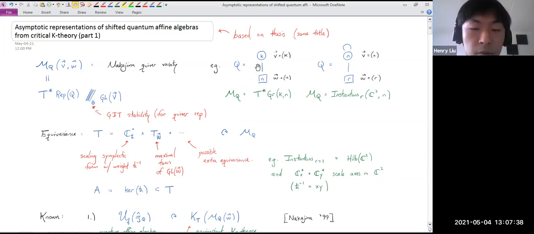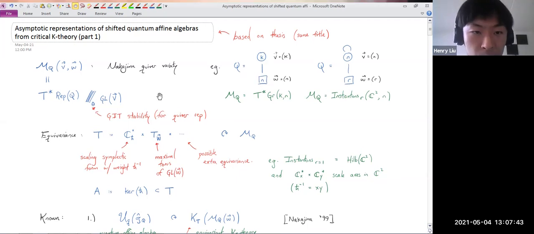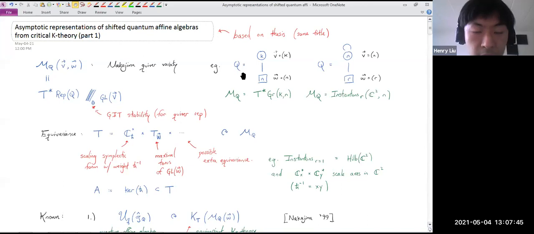The first one is where you have a single round node with a single framing. And what you'll get as the Nakajima quiver variety out of this quiver is T star of the Grassmannian. And depending on how you pick the dimension vectors, you'll get the Grassmannian of K-planes into n-dimensional space.